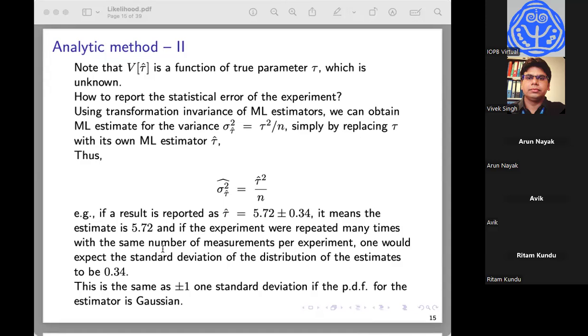Maybe I can discuss a bit more about this in tomorrow's lecture. We can discuss it later. There, actually, you can get a chi-square kind of distribution.